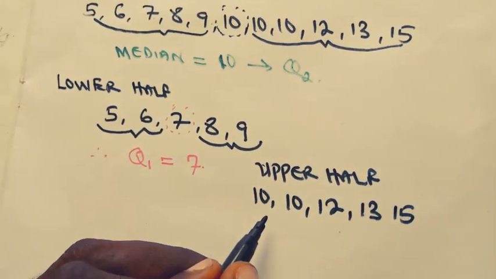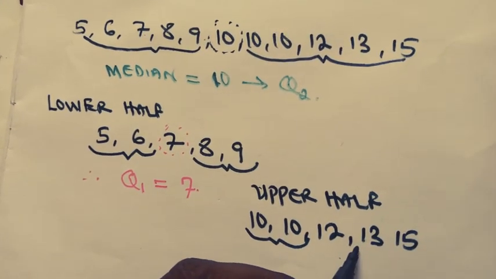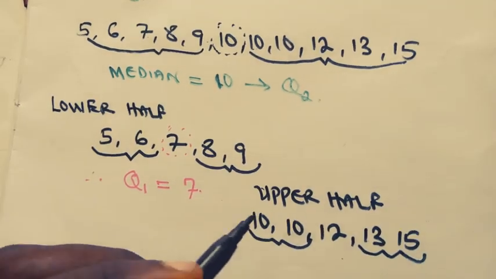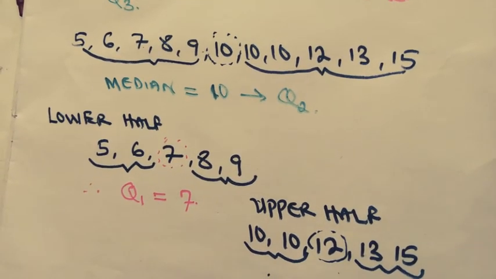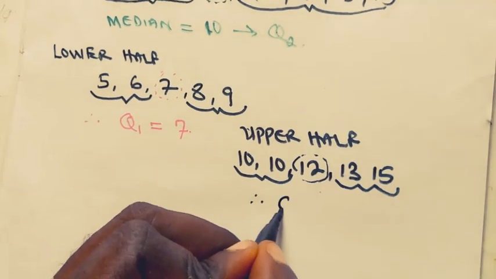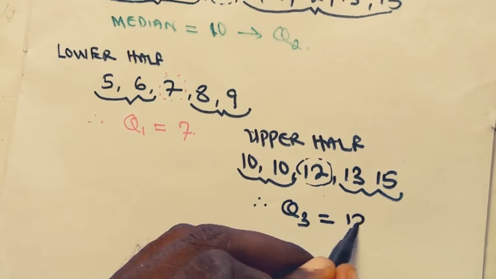To divide them into 2 equal parts, we have 2 numbers to the left and 2 numbers to the right, and we have 12 in the middle. Therefore, Q3 is equal to 12.